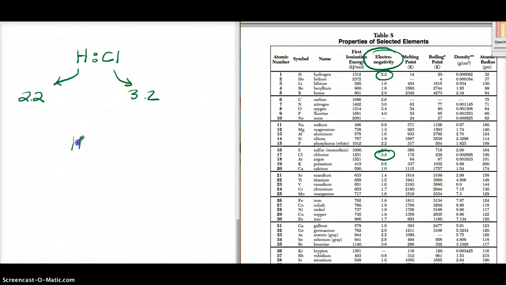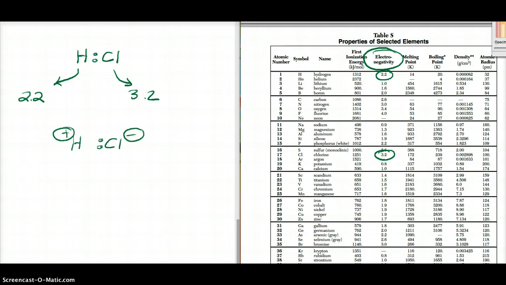So in reality, what happens is the electrons are slightly closer to the chlorine, and electrons are negatively charged. So that means that the chlorine gets a slight negative charge, and the hydrogen gets a slight positive charge. So it has basically a north pole and a south pole, or a positive pole and a negative pole.